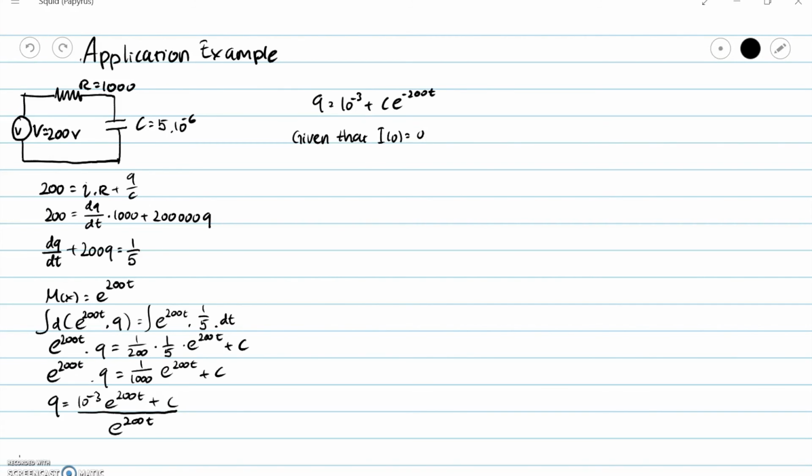Given that when time equals 0, the current is 0.4 ampere, that is, at t equals 0, dq/dt equals 0.4. So we just plug it into our general solution and we will get what Q is.